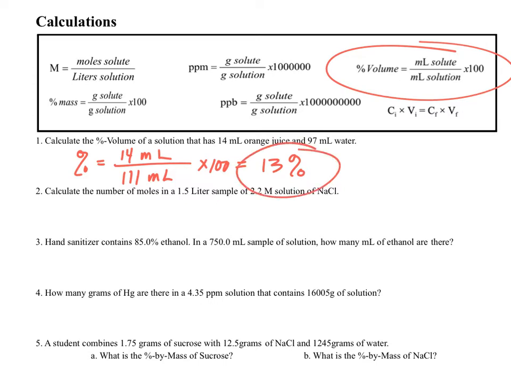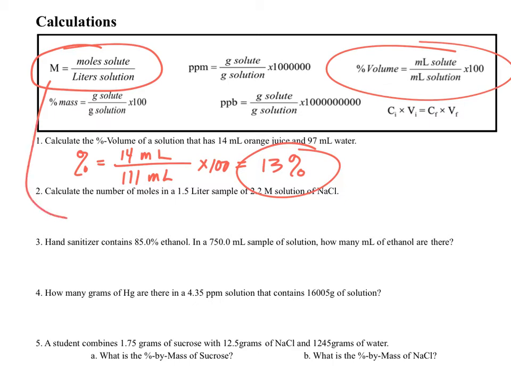Number 2. Calculate the number of moles in a 1.5 liter sample of a 2.2 M solution. Now, M means molar or moles per liter. So we are looking at the first equation here. M is the molarity, and we want to solve this for the number of moles.